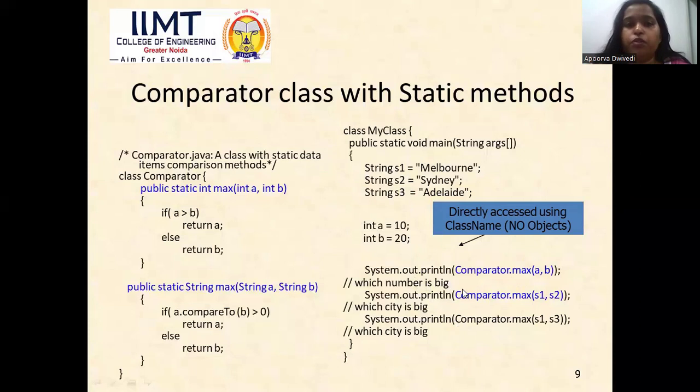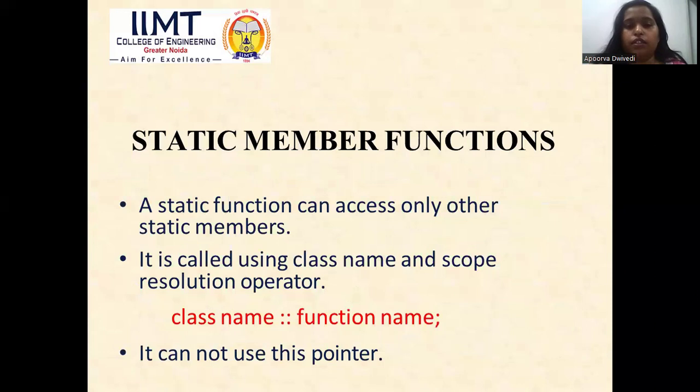So I hope you all have understood the difference between the members which are static and the members which are non-static. Now, what are static member functions? Static member functions can access only other static members. As we have already discussed, it is called using the class name and the scope resolution operator.